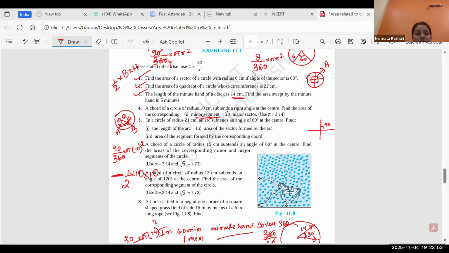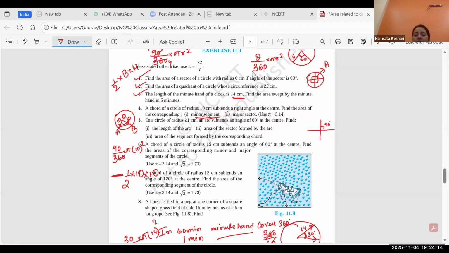Okay, we also have to find the area of the major sector. For finding the area of the major sector, I was explaining in the first class that there are two ways. Either you take the complete circle area and from there you subtract the minor sector area, or you find the angle.